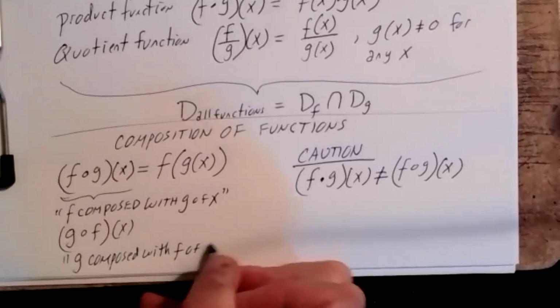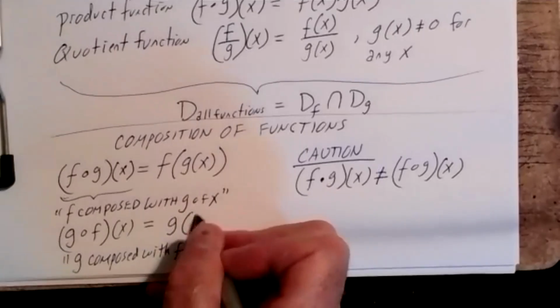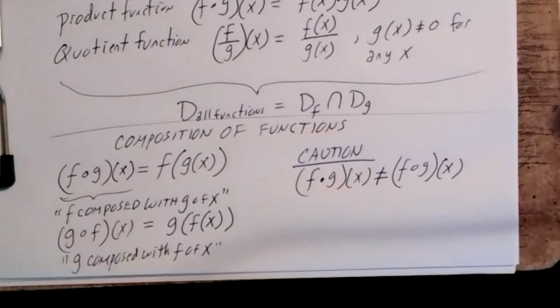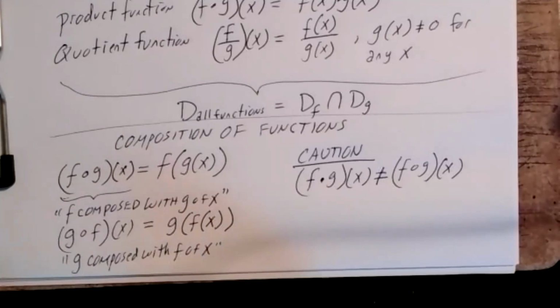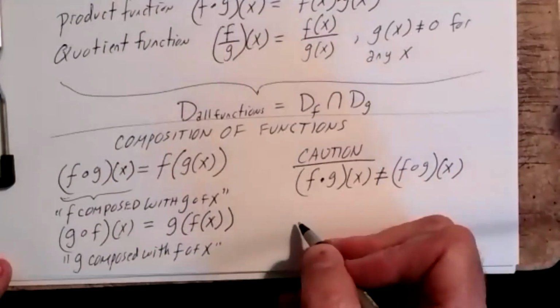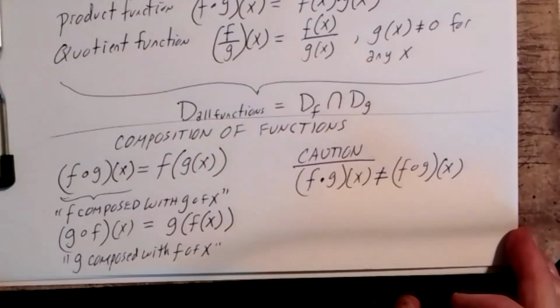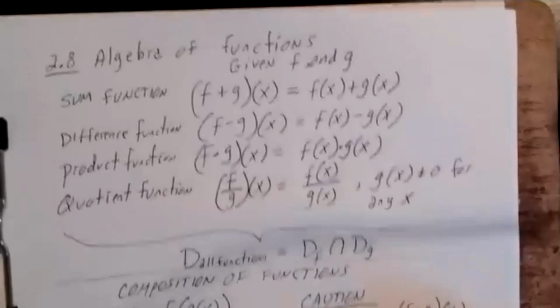G composed with f of x is going to be g of f of x. So the composition operator, again, takes the output of one and feeds it into another function. I'll show you a picture that helps you to understand the composition of functions in a second. Do we have this page all accounted for here?